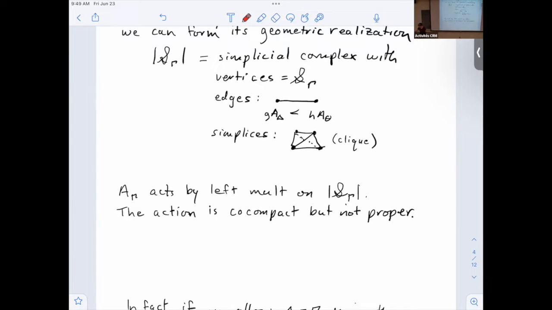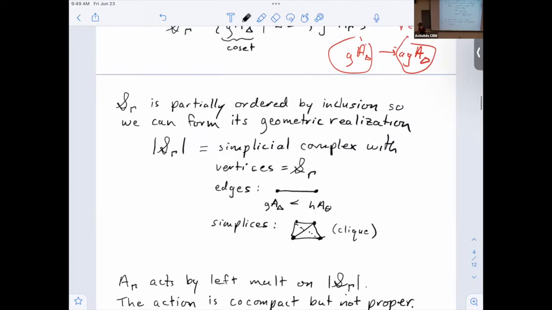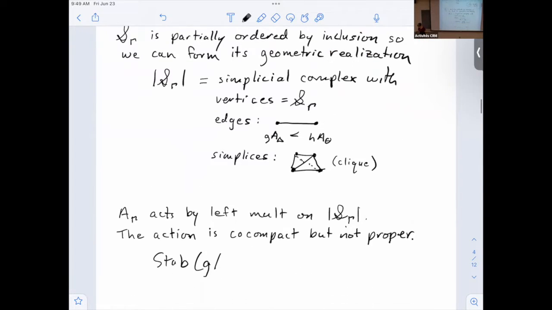Okay, what's the stabilizer of what I called G A delta? Well, I claim it's precisely the parabolic subgroup. Everybody see that?